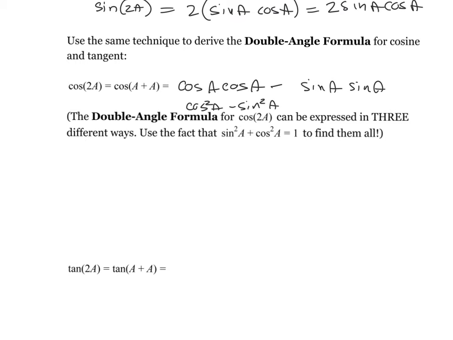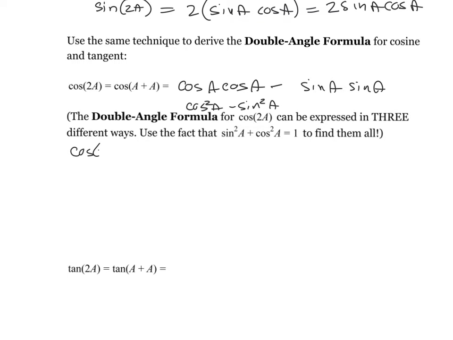And you might remember from some work we've done earlier that whenever you have cosine squared or sine squared, you should be thinking about using the Pythagorean identity to rewrite it. So let me crank that one through. We've got this one version, which I just wrote.